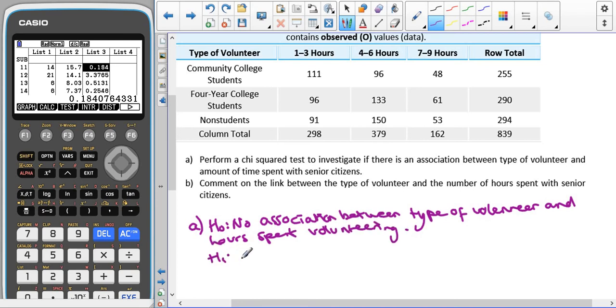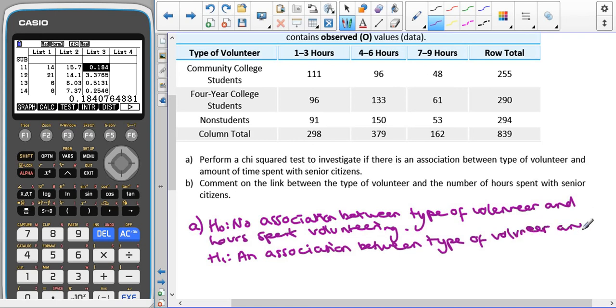And our H1 is going to be an association between type of volunteer and hours spent volunteering.